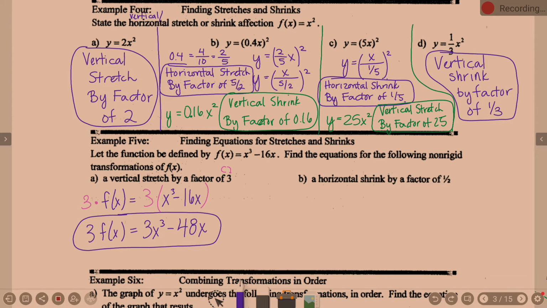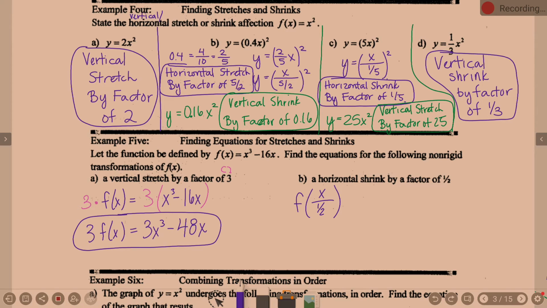So if we talk about a horizontal shrink by a factor of 1/2, does that make sense for a starting place? In order to do a horizontal stretch or shrink, you do x divided by the value, correct?